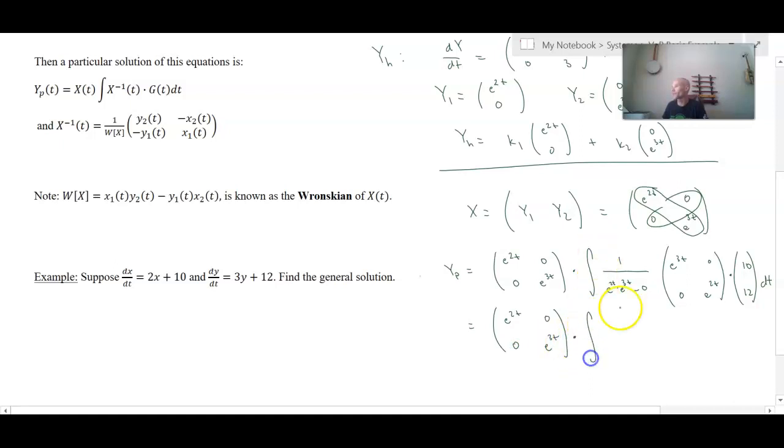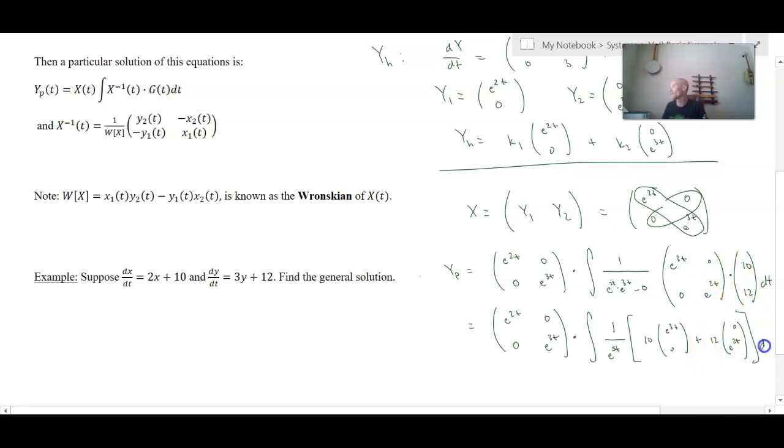Now we're not going to evaluate the integral yet, but we'll get 1 over, with common bases, we add the exponents, that'll give us e to the 5t, multiplied by, now we need to do this matrix vector multiplication, so it will be 10 times the first column, e to the 3t, 0, plus 12 times the second column, 0, e to the 2t.